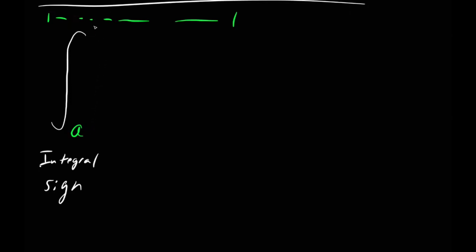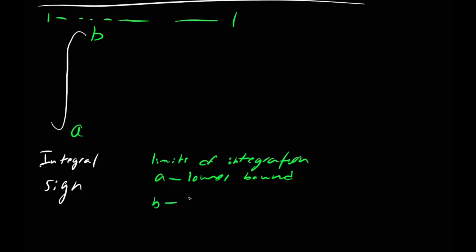Next up is our limits of integration. And that's A for being the lower bound, and B for being the upper bound.